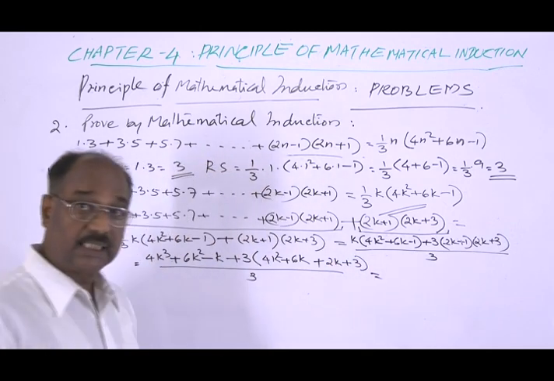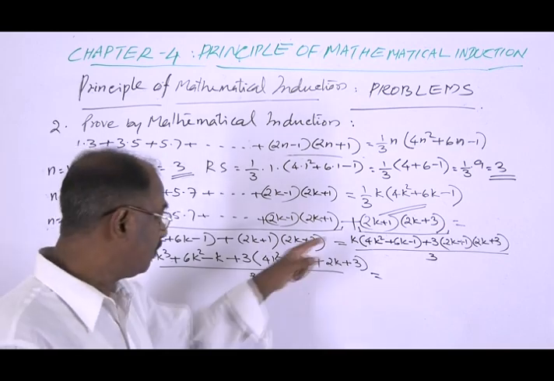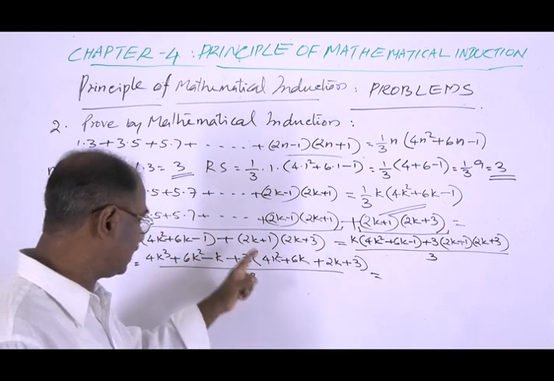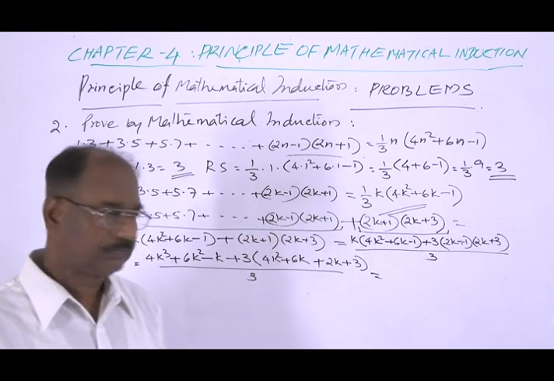Okay. Then collect the terms involving k cube, then k squared, then k, then constant in that form.